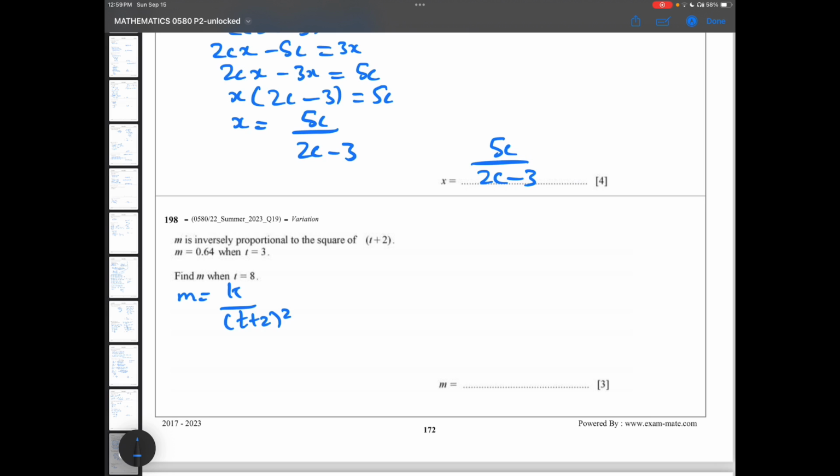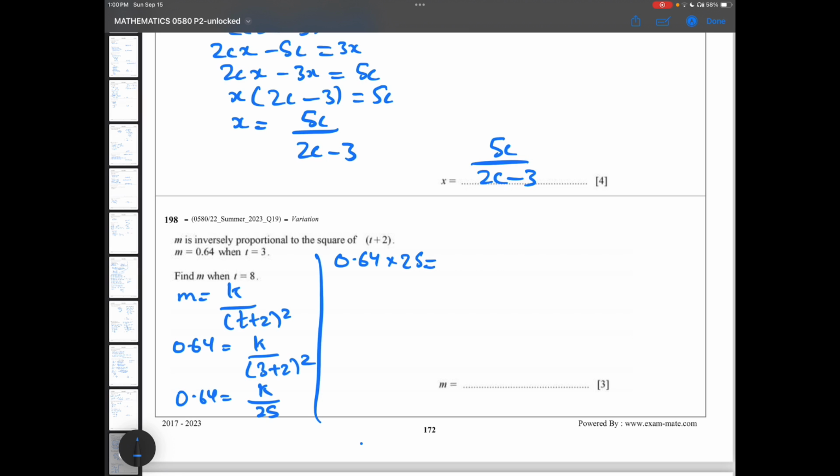So now m is 0.64 and t is 3. I will place the values of m and t in order to get the value of k. So in place of t, I wrote 3. Now 0.64 is equal to k upon 3 plus 2 is 5, and 5 square is 25. So this 25 will move to the left side and will be multiplied with 0.64.